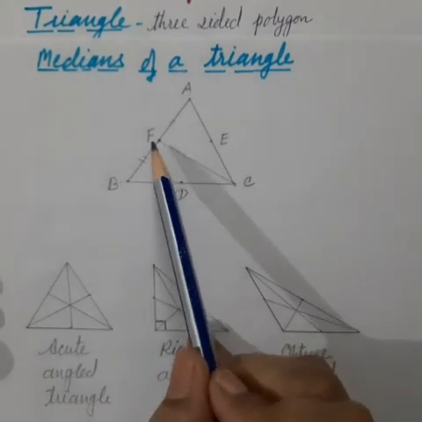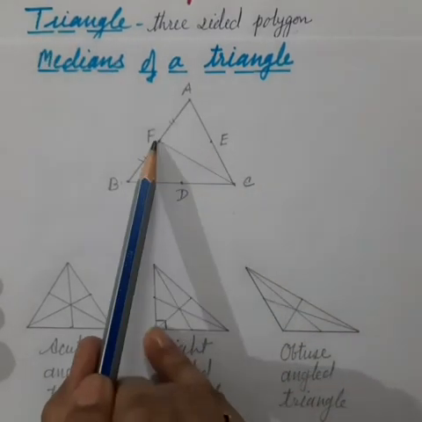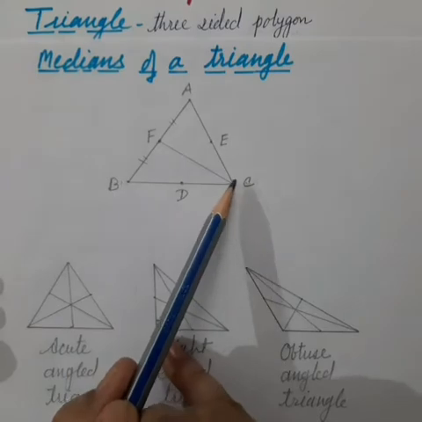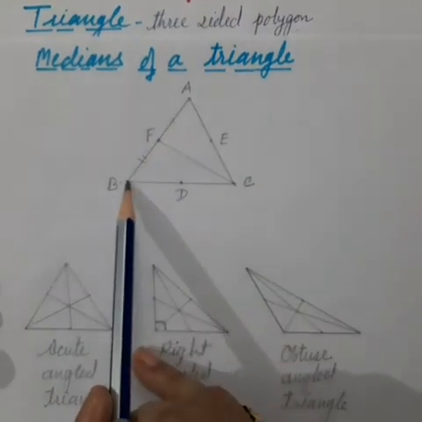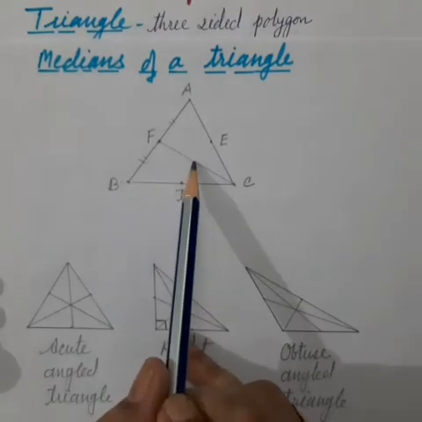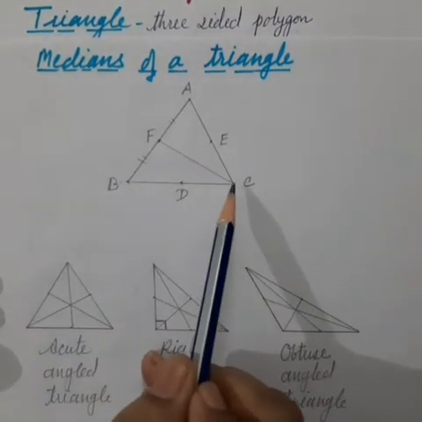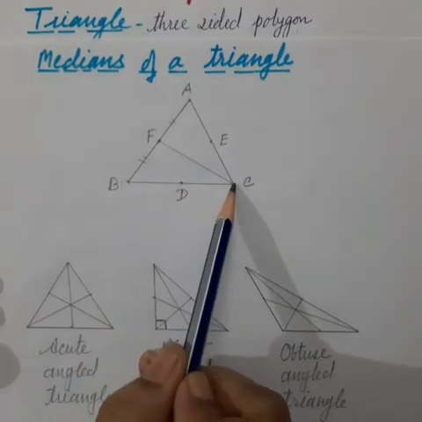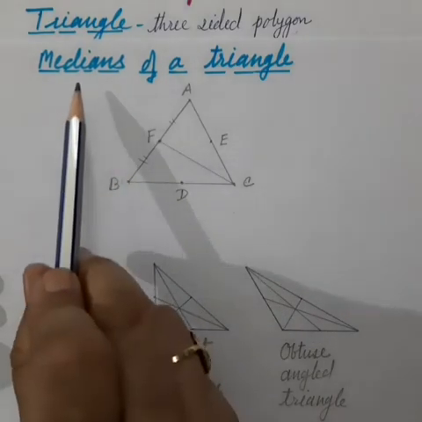So this is the midpoint, and this line segment CF joins this vertex to the midpoint of AB, its opposite side. So this line segment is called a median. So what is a median? A line segment joining a vertex to the midpoint of its opposite side is a median.